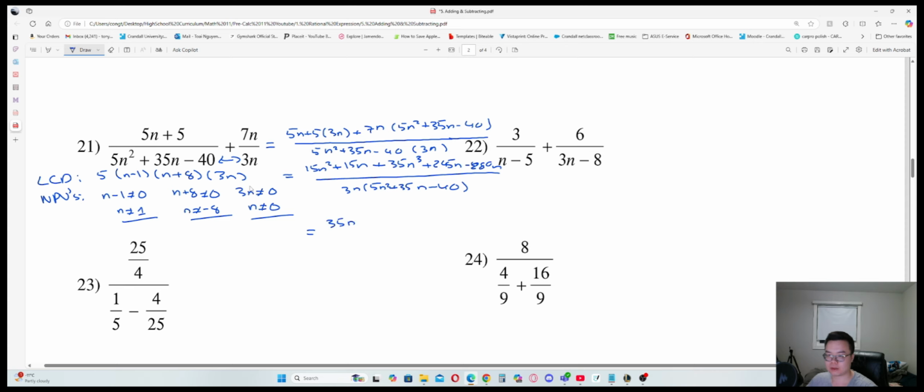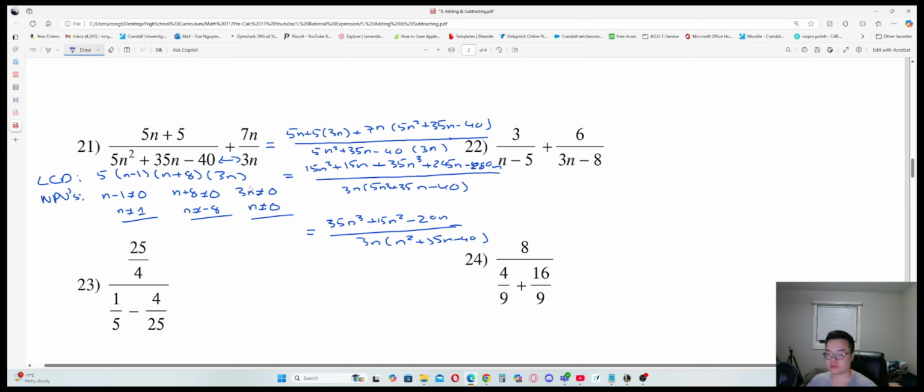So I have 35n cubed, and then 15n squared next, and then 15n plus 245n, so I have 260n, and then I have to do minus 280n, which I forgot to do. So 260 minus 280n, I will have negative 20n. So I erase those, and I will have negative 20n over 3n times 5n squared plus 35n minus 40.